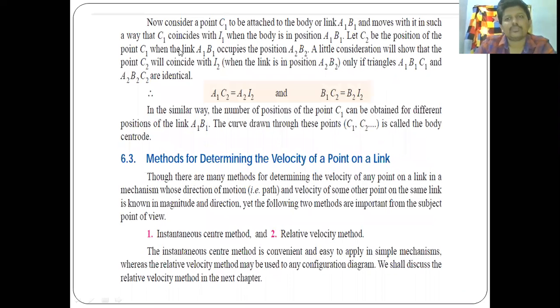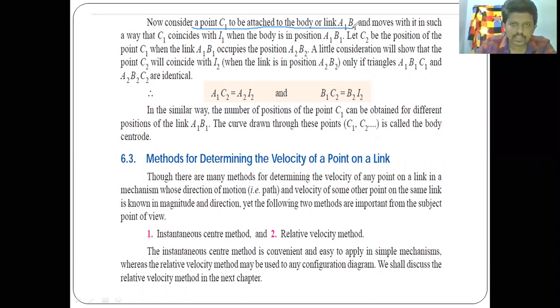Now, if you consider the point C1 here, it is attached to the body linked to A1 B1, right? In the same way, you have C2, which is a position related to A2 B2. We have two centroids which I already explained: one is the space centroid and the other is the body centroid.